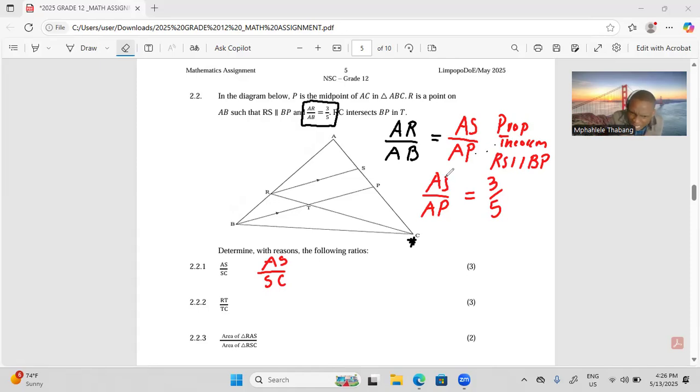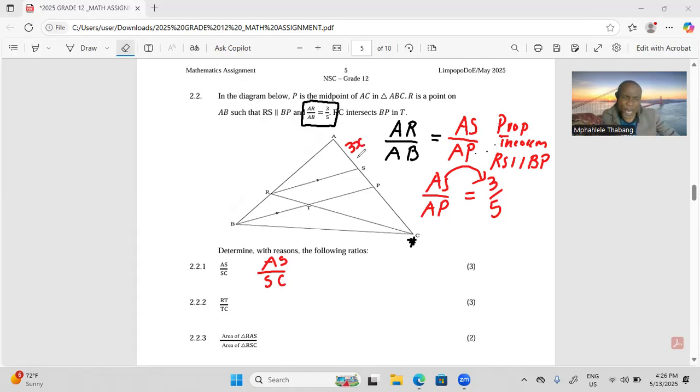So I will say this AS, it's 3. No, that is wrong, sir. AS is not actually 3 because we are not given the true length of AS. But I'm going to represent this AS in terms of this 3 and a variable. So I will say AS is 3x. Represent it in terms of a variable.